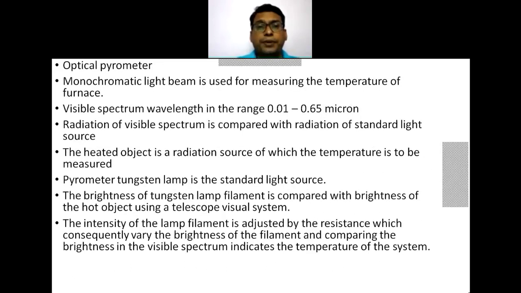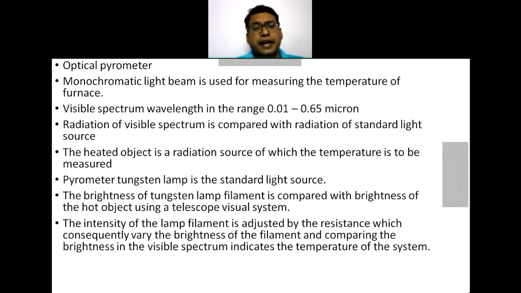Then there are the optical pyrometers. These are also used at higher temperatures. In an optical pyrometer, a monochromatic light beam in the visible spectrum range is used, that is 0.4 to 0.65 micron, our visible spectrum range.